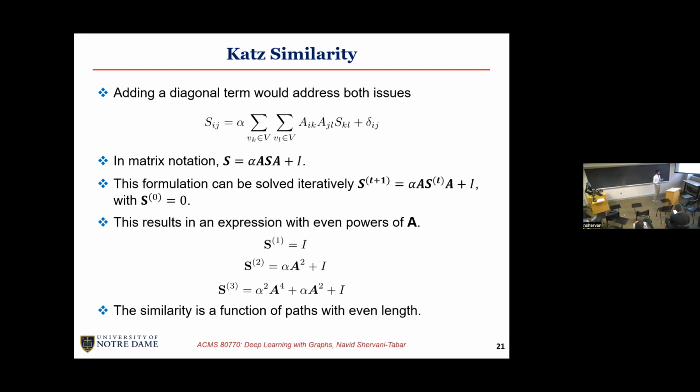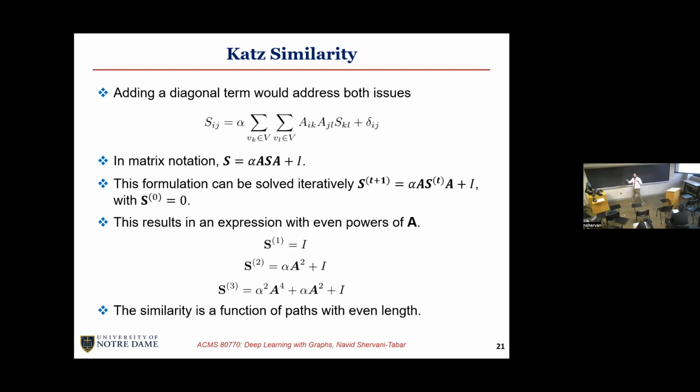So the pattern is obvious, right? We are just summing over the even powers of the adjacency matrix, and we continue that until forever. What that means, based on what we learned in the first session, is that the power k of the adjacency matrix shows the number of paths of length k between those 2 nodes.